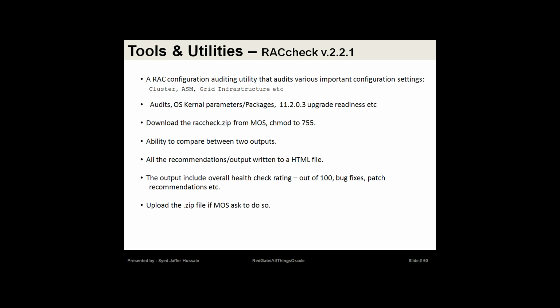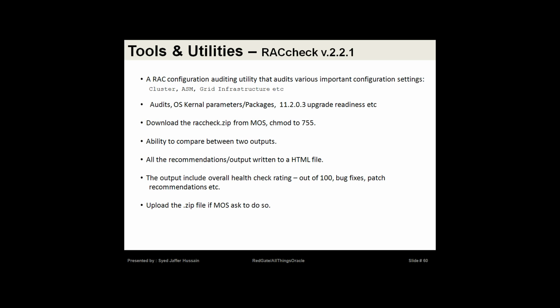It is a kind of audit you do on your database to ensure everything is running smoothly. Also, if you want to upgrade your database from 11.2.0.2 to 11.2.0.3, download this utility from My Oracle Support, unzip the file, and change the permission to 755 before you use it.